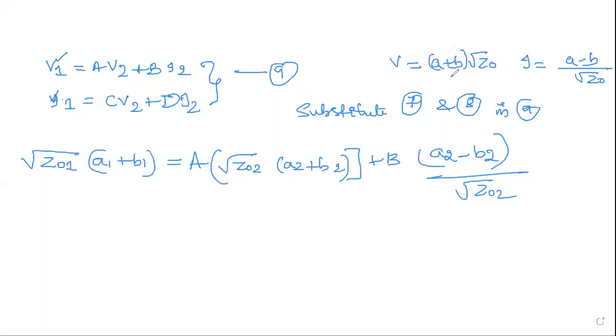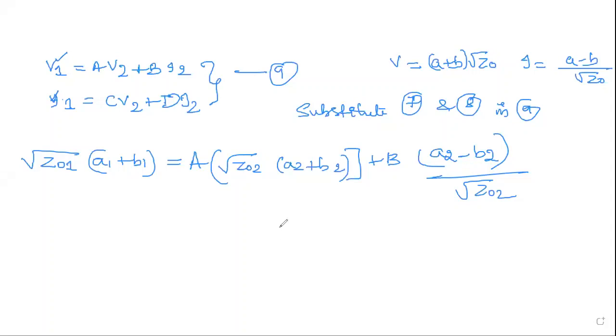You'll be deriving the general equation for voltage and current in terms of ports V1 and V2. Similarly, I1 and I2. Substitute these equations in the ABCD equations. So you will get V1 is equal to, that is square root of Z01, a1 plus b1 is equal to A into, for b2 it is square root of Z02, a2 plus b2 plus B into a2 minus b2 divided by square root of Z02.